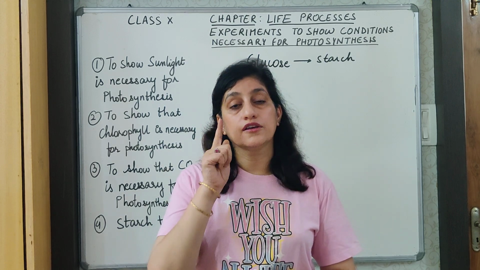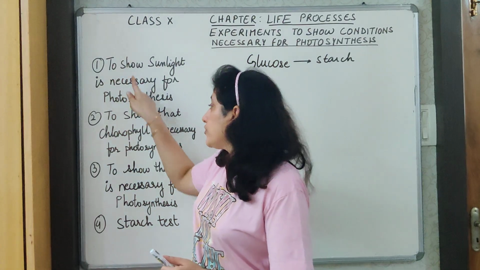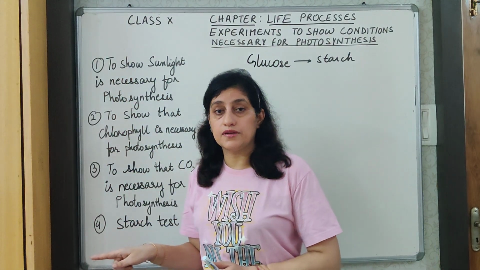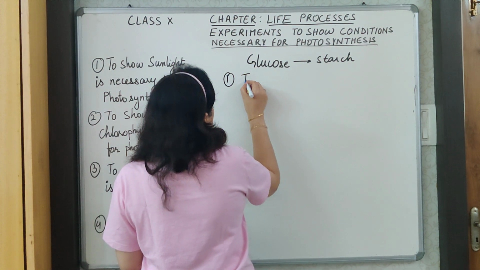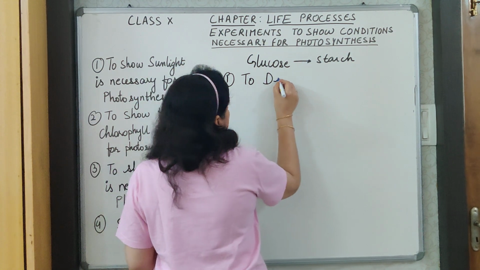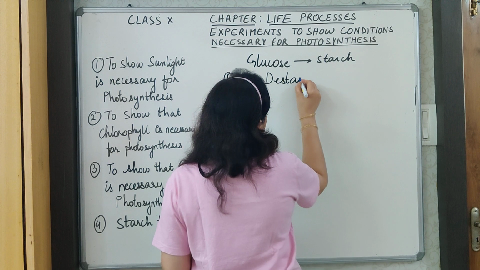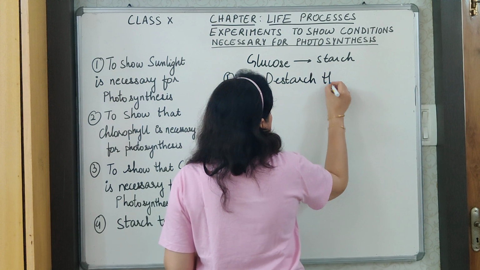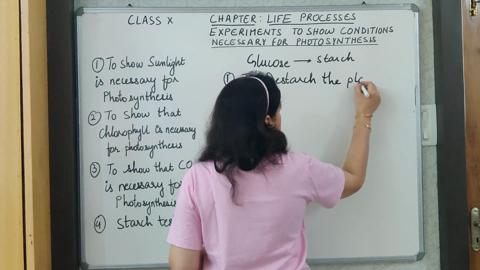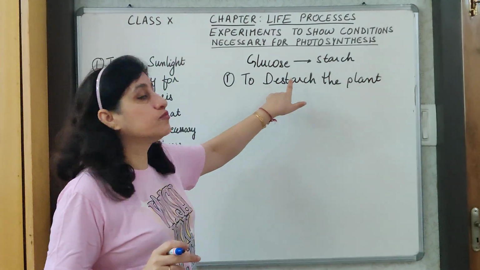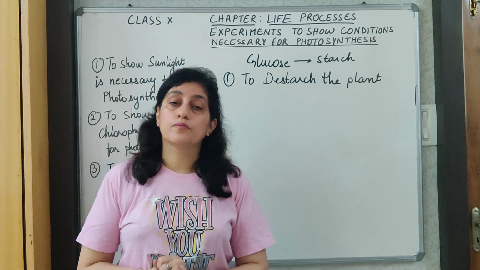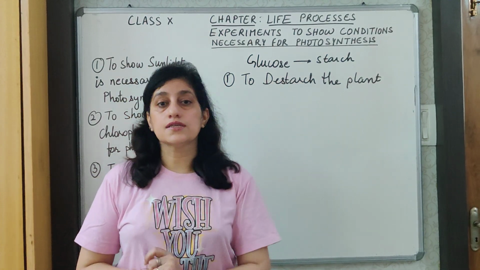So, for that, the first step of each of these three experiments will be to de-starch the plant. To de-starch means to remove the starch from the plant. And how is this done?